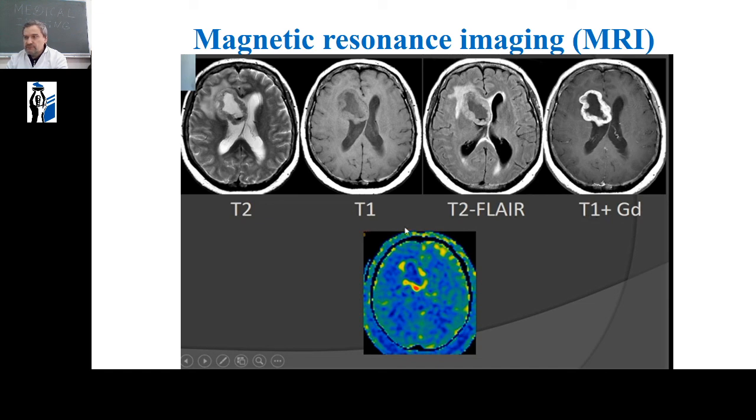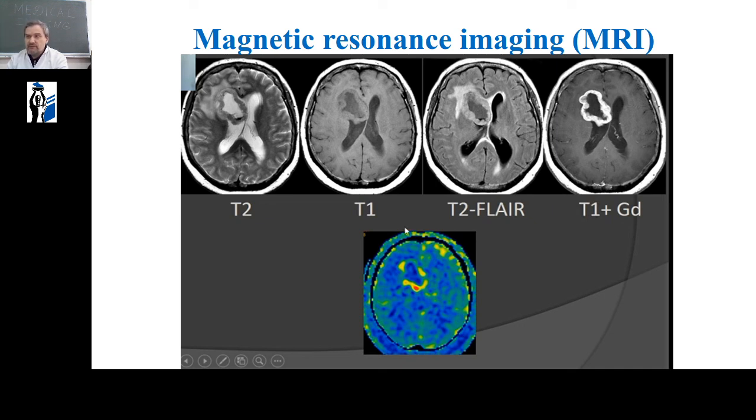The massive tumor process is visualized differently at different methods of tissue excitation and signal registration. They reveal themselves differently as normal anatomical structures.